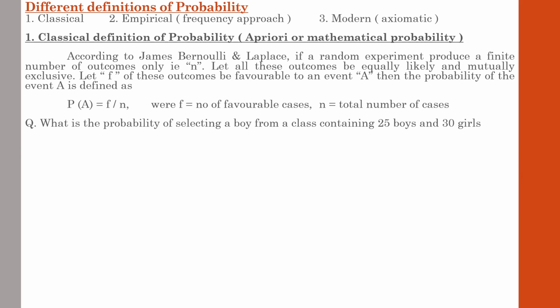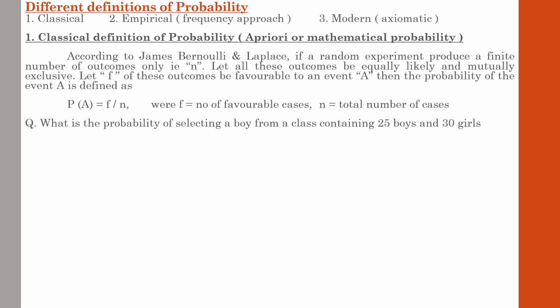What is the probability of selecting a boy from a class containing 25 boys and 30 girls? Probability of getting a boy means favorable events by total number of events. Here you are asked to find the probability of selecting a boy.